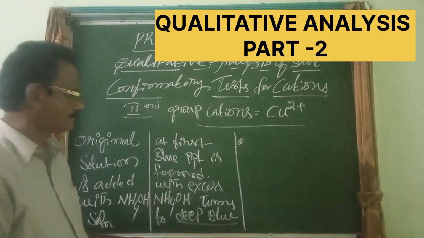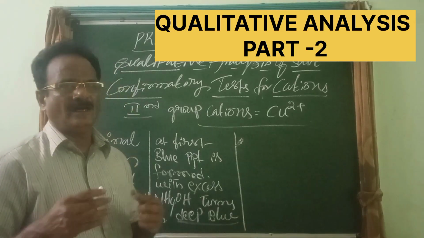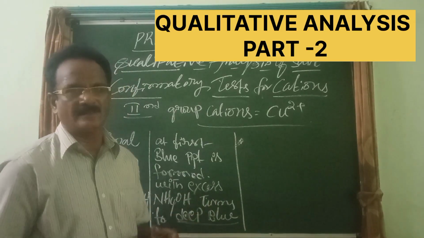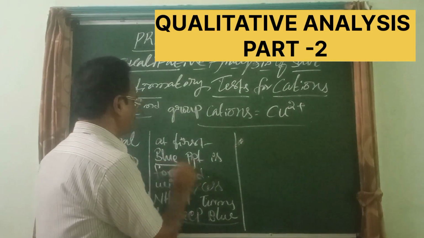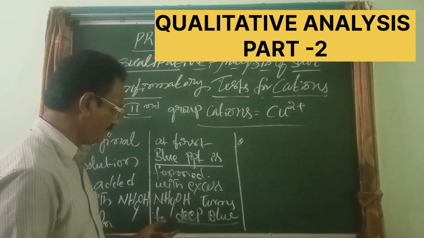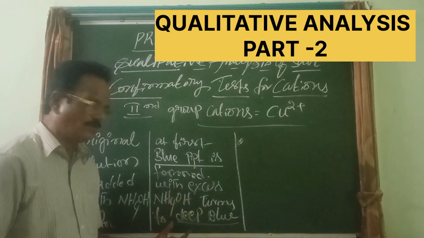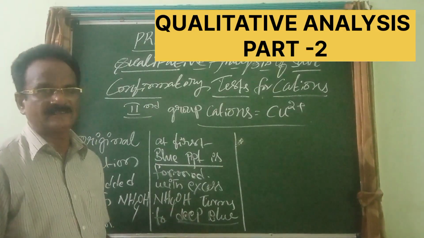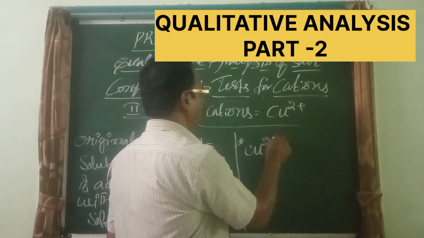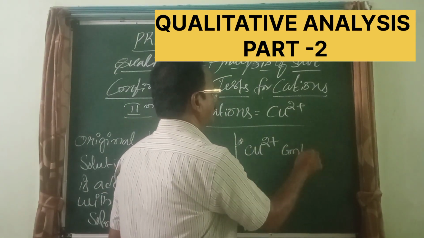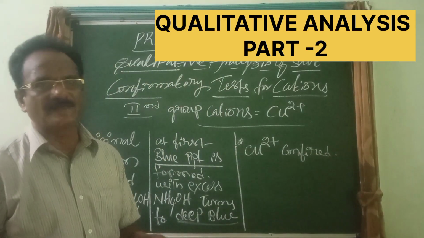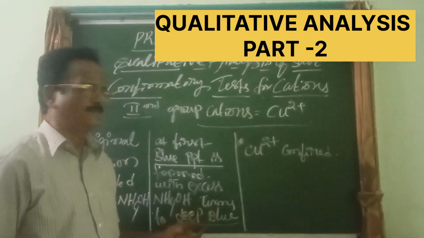Okay, here on adding limited ammonium hydroxide, if copper is there, blue precipitate is formed. When it is added with excess of ammonium hydroxide, it turns to deep blue color precipitate. Okay, then one can confirm the presence of Cu+2.